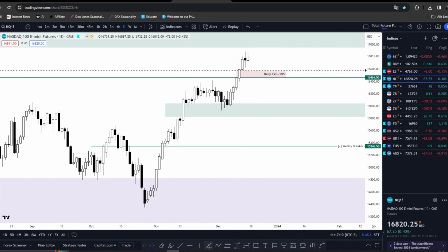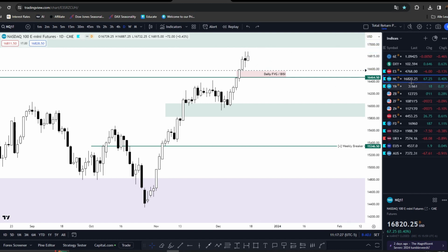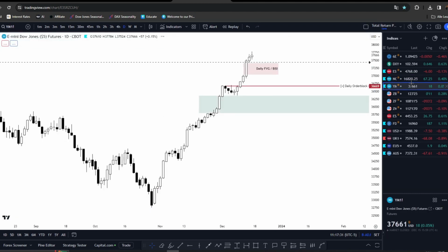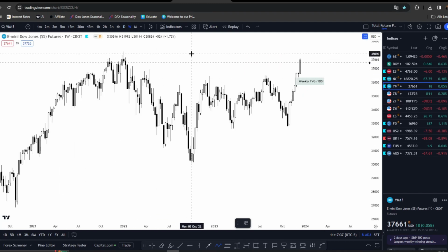So let's see if we see something like this, or maybe it even will run into the target in the first half of the week and then give us the retracement. I think that's the plan. I think in the first half of the week we will see another push higher and then trade lower. So maybe you could then participate in the retracement lower, but for now we're good to go.